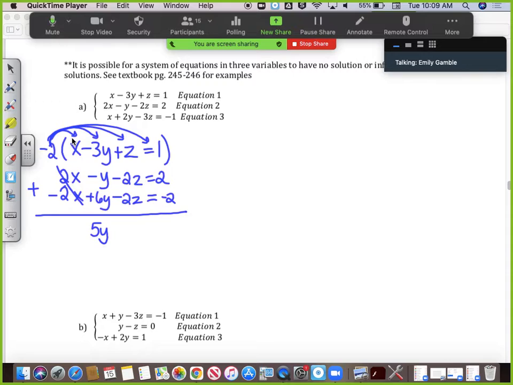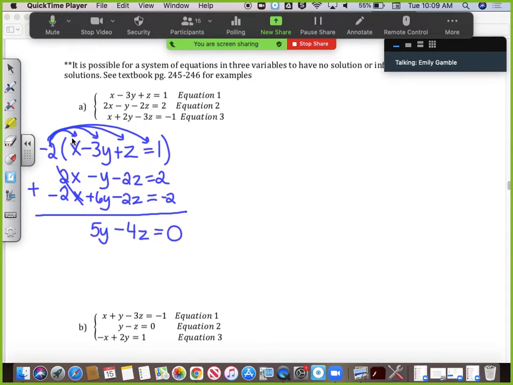Negative 2z plus negative 2z. Just be very careful with these because you can mess this part up, and it's just simple little math. Negative 2 plus negative 2 is negative 4z equals 2 plus negative 2 is 0. So what I did here is I took equation 1 and equation 2 and I eliminated x from those.